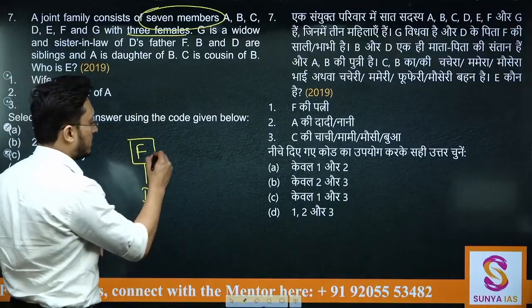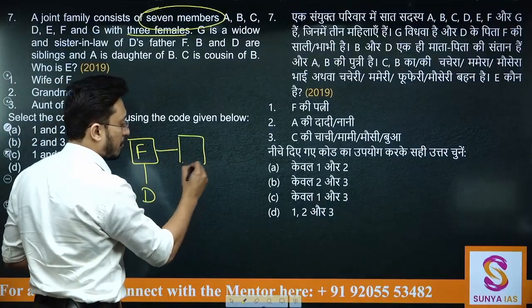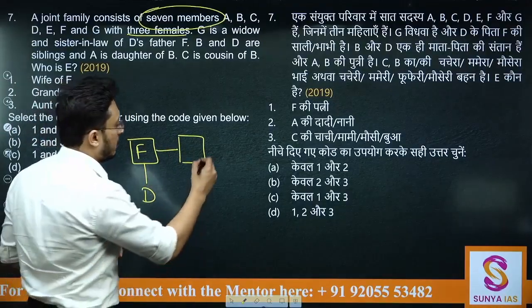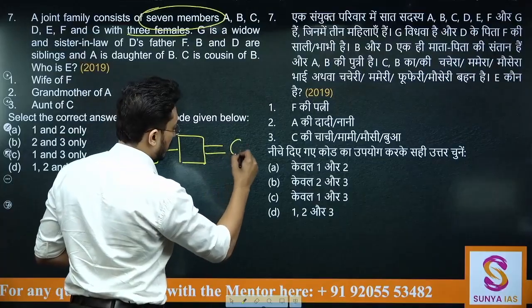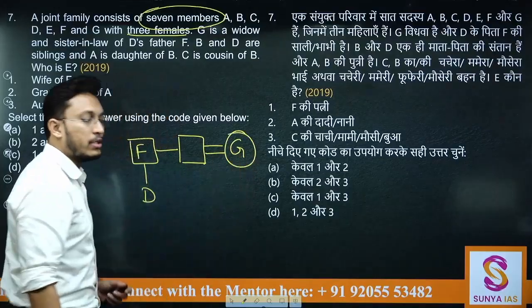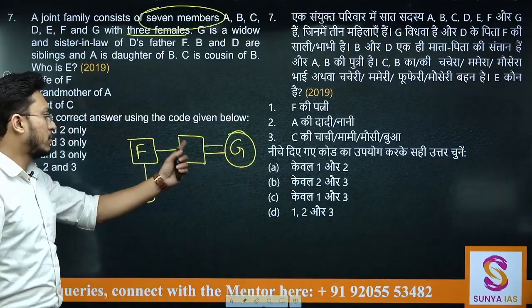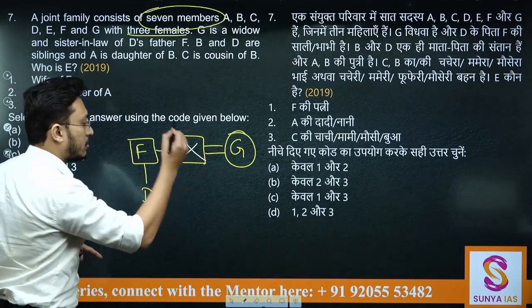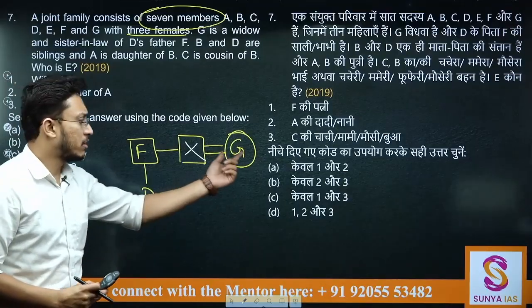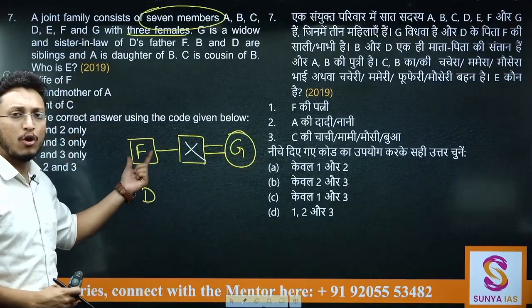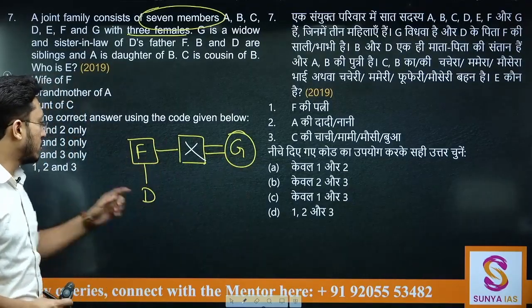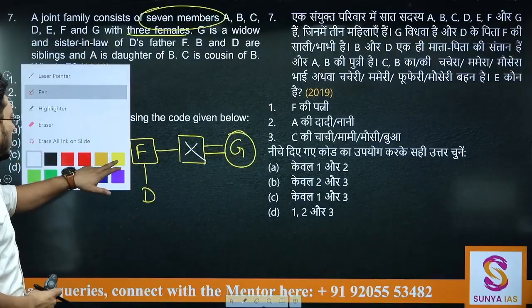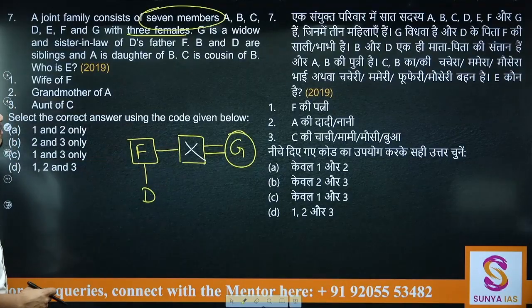Sister-in-law, how will we make it? So this might be his brother, and here this might be G. G is the wife of his brother, and she's a widow. That means this person might be dead right now. So G becomes a widow and a sister-in-law of F, who is A's father here, D's father here.